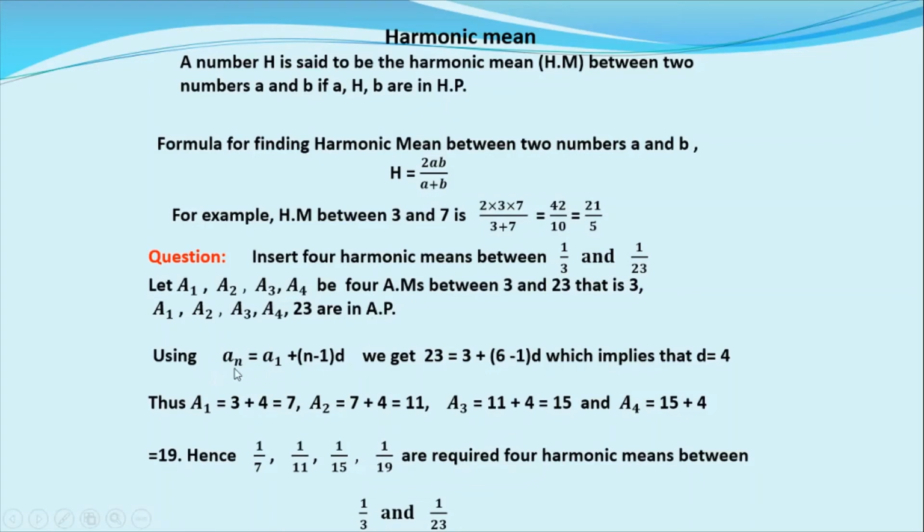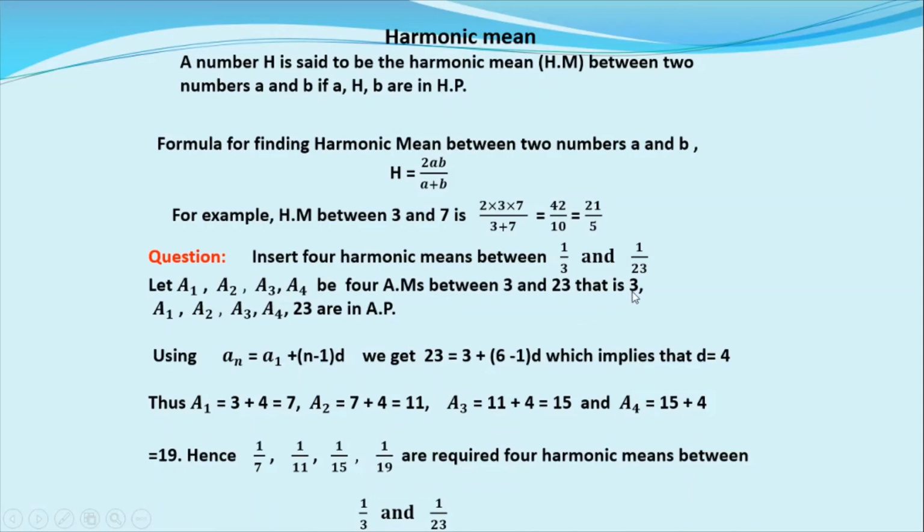This is the general term formula for finding the general term of the arithmetic sequence: An is equal to A1 plus n minus 1 into d. Now we have to find the common difference. The first term of the sequence is called A1, and its value is 3.